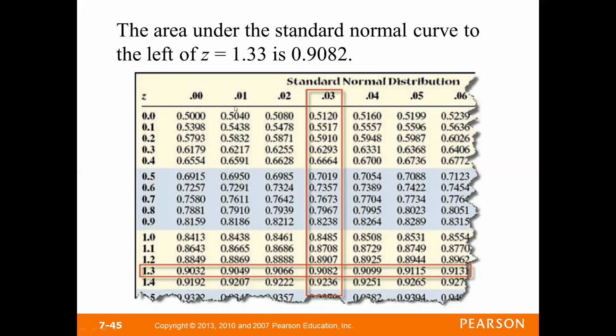What goes across the top is a 100th digit. So if I want the probability to go with 1.33, I would look at the row for 1.3 and down the 0.03 column, and where they intersect is the value I'll pull out of the table, which is 0.9082.